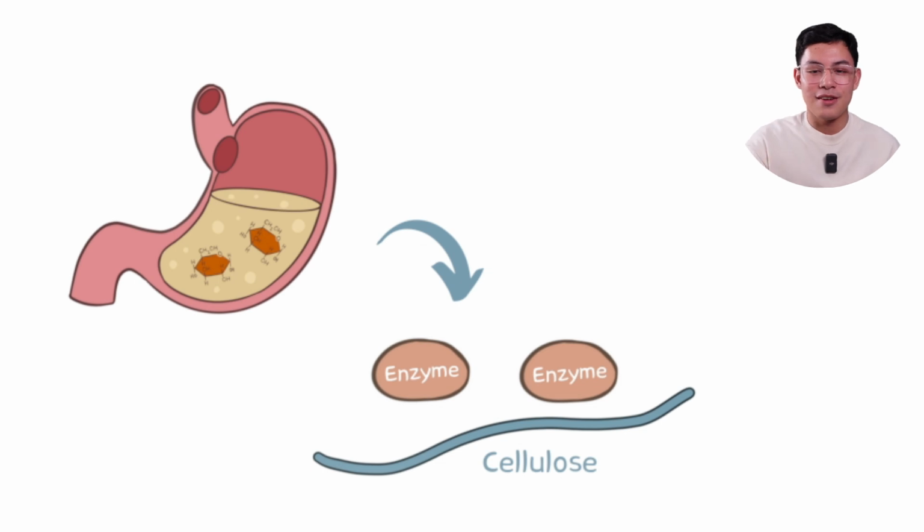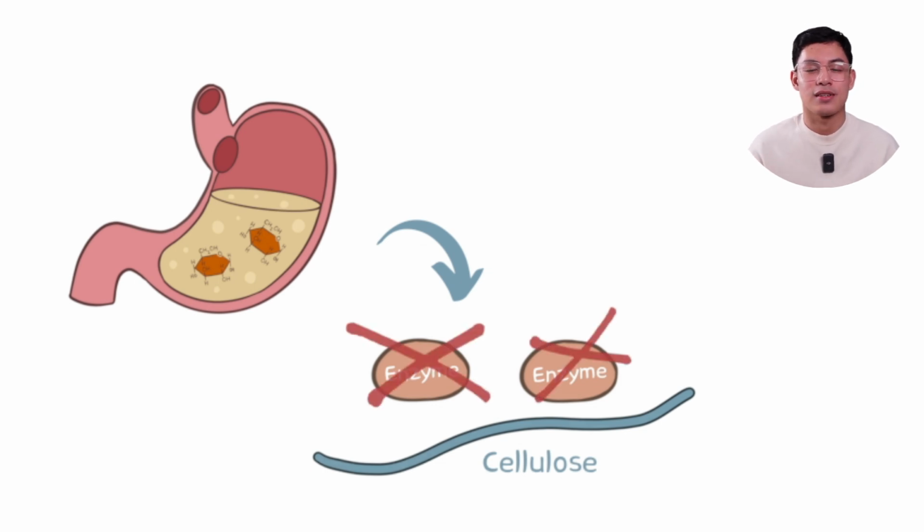Our body specifically lacks the enzymes that break down cellulose into its monomeric units. And therefore, if we were to eat cellulose, we wouldn't actually gain any nutrition from it at all. That's another example of how isomerism is useful in understanding our health and nutrition.